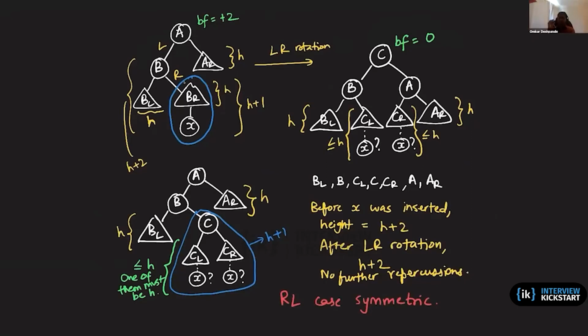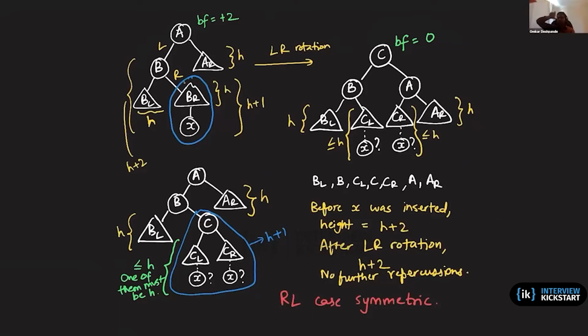We also know that once we fix things by rotation, there are no further repercussions up. Whether it's a single or a double rotation, we just have to do it once for the first ancestor where we see things have gone wrong.